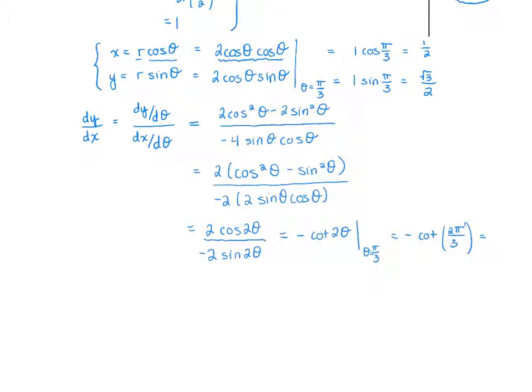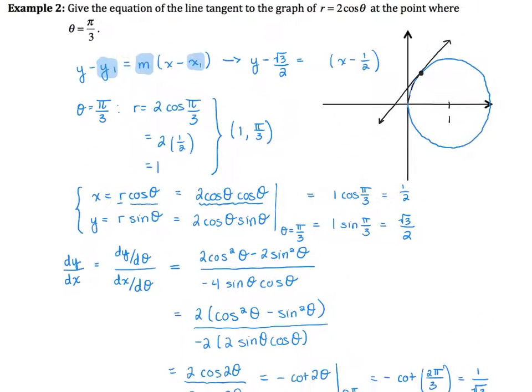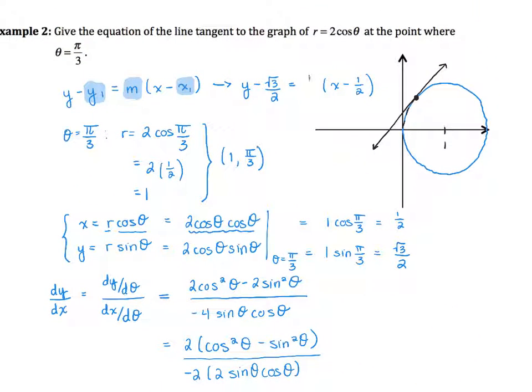So cotangent is negative 1 over root 3, and negative cotangent is 1 over root 3. Might want to double check me on that, but I'm sticking with it. So our slope is 1 over root 3.